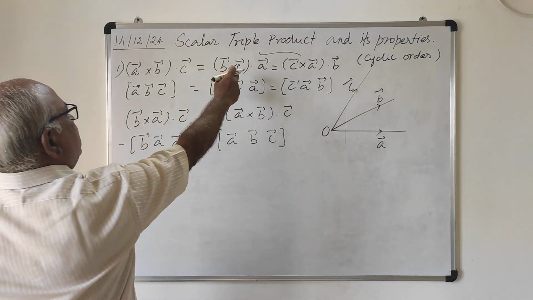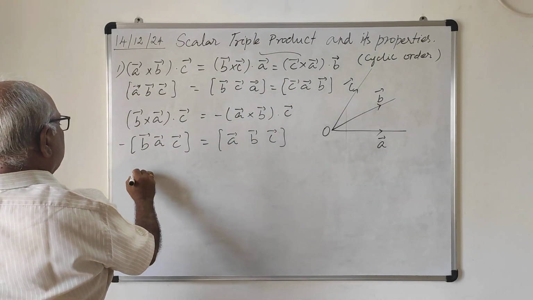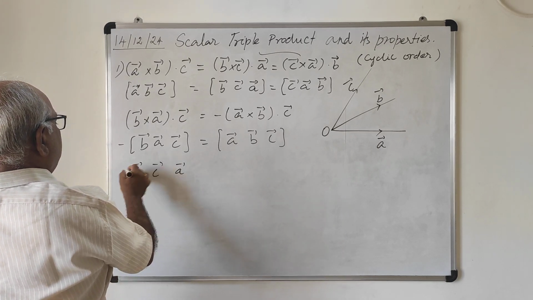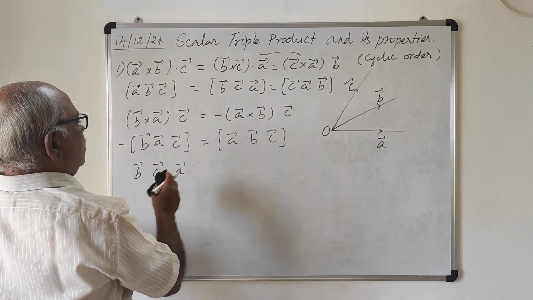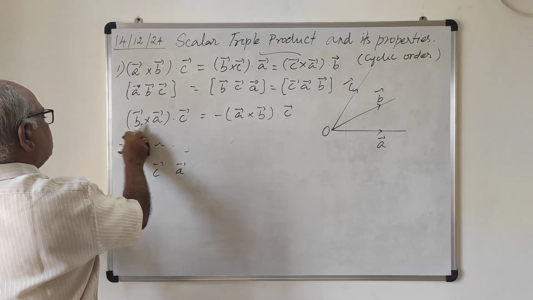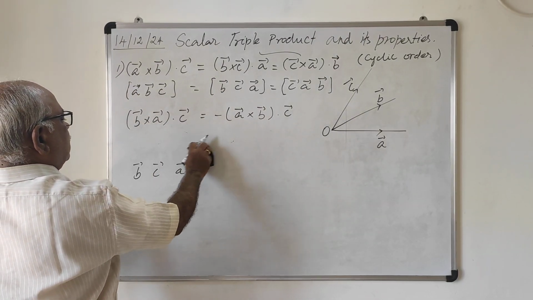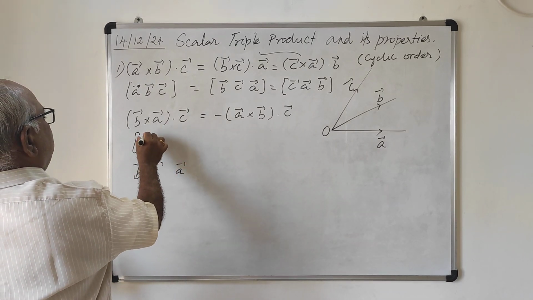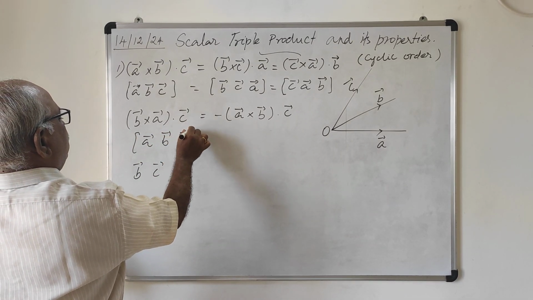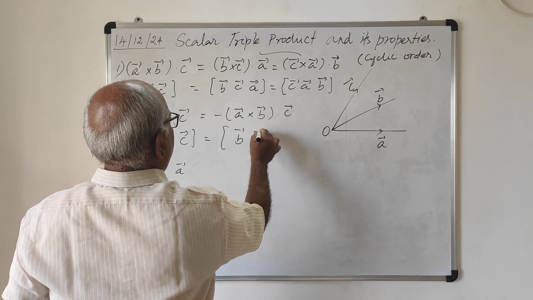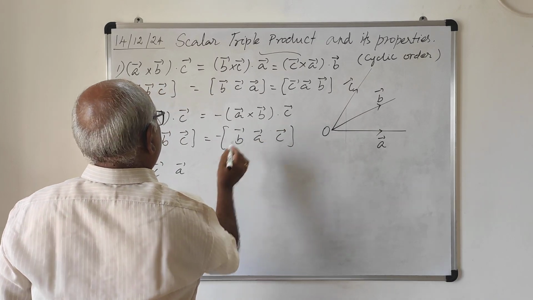Similarly, instead of BCA, if you write CBA, with box product ABC, if you change the order to BAC, it becomes negative.